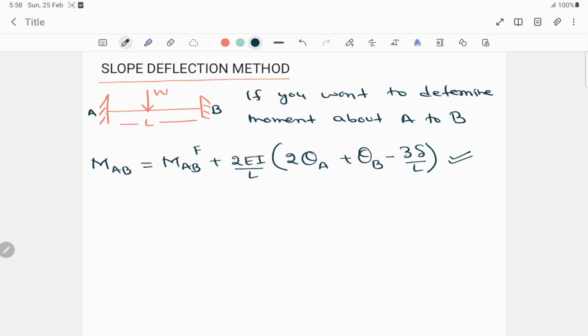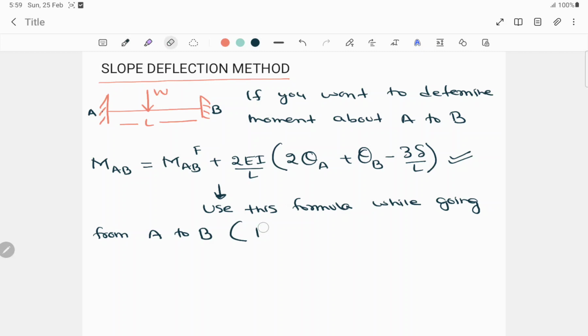That means moment about A to B, I'll write it down, we have to use this formula while going from A to B, or we can say that it's left to right.